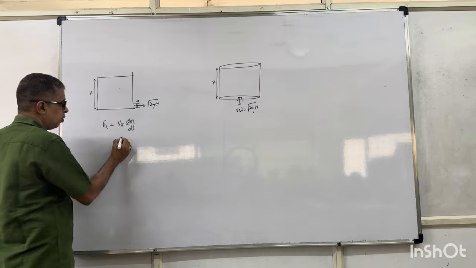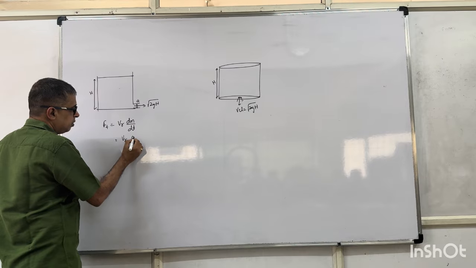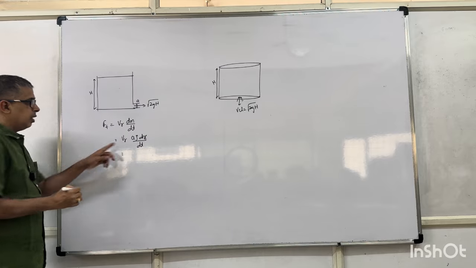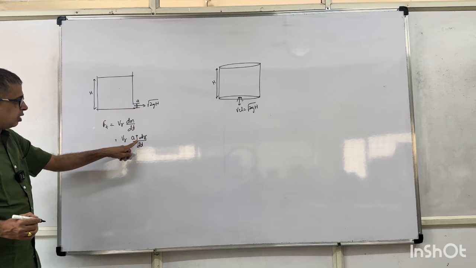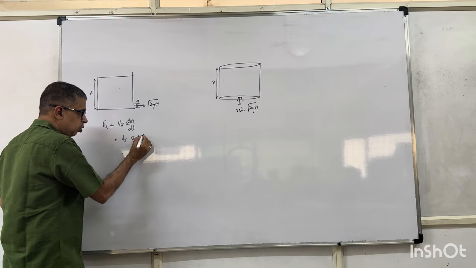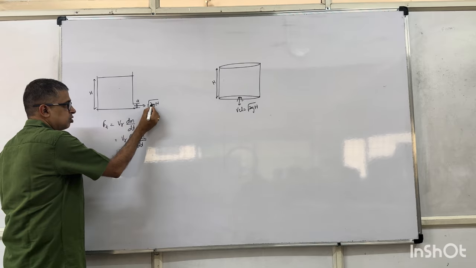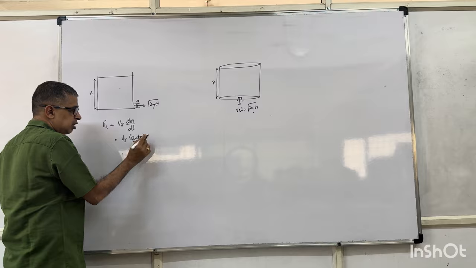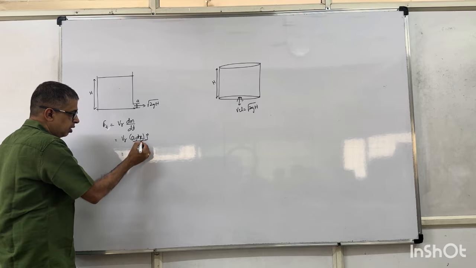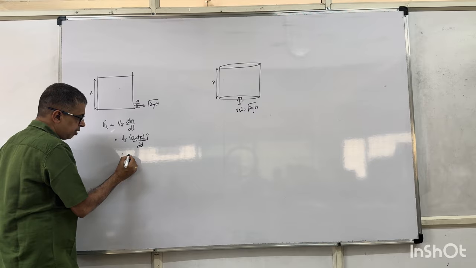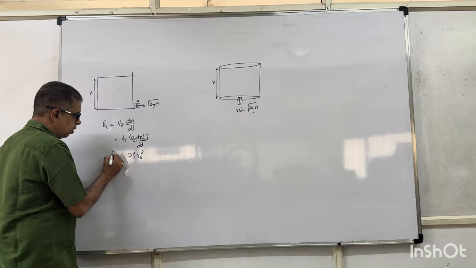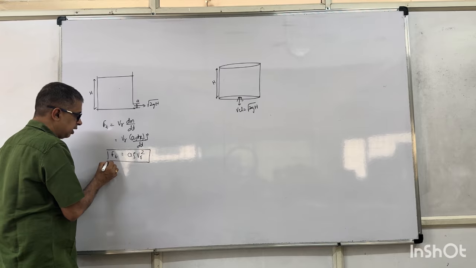In the case of a fluid, dm is rho a dx, where a is the area of cross section. a into dx is the volume, volume into density is the mass, dx by dt will be Vr. So a rho Vr square will be the thrust force on the container.